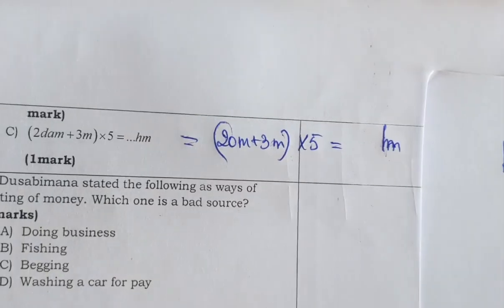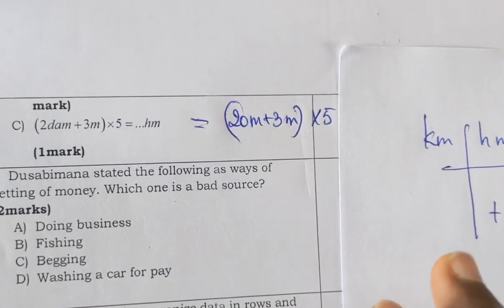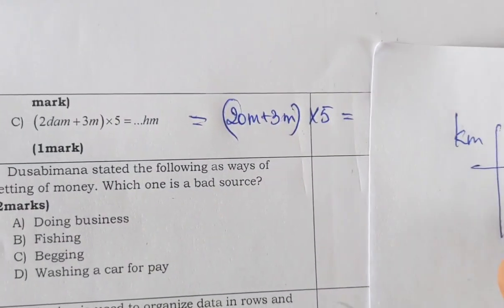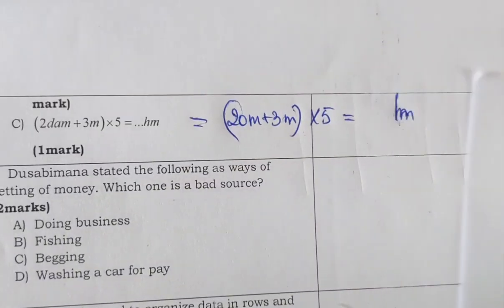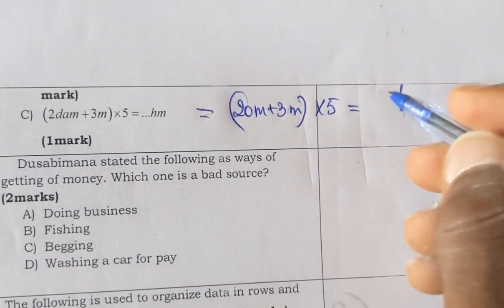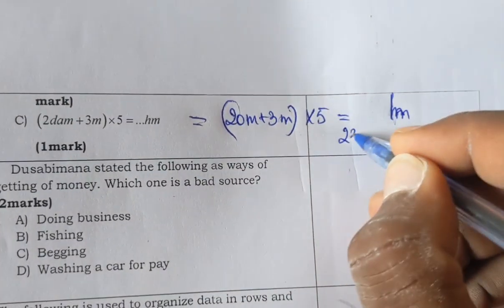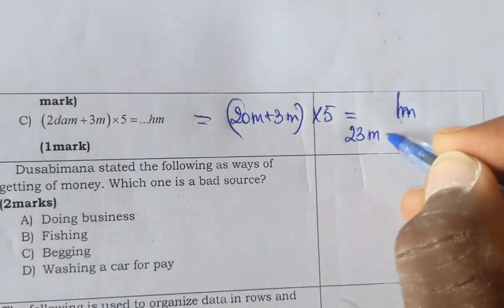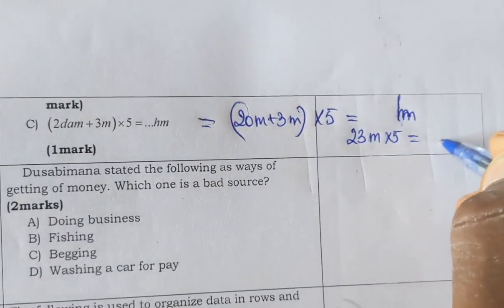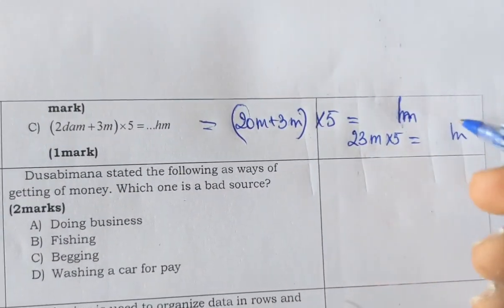Then here, I'm going to multiply, then also I convert them into hectometers. To mean here we become 23 meters times 5. Then how many hectometers are there?